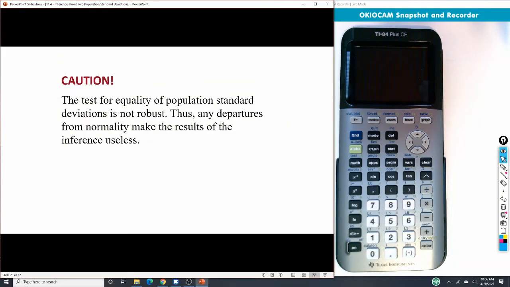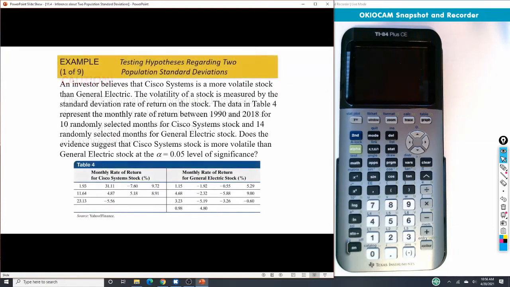This one is not robust, so any departures will make the results useless, so make sure we're careful with that. Here they give us some tables. We're looking at Cisco versus General Electric, so let's look at how we can compare these.